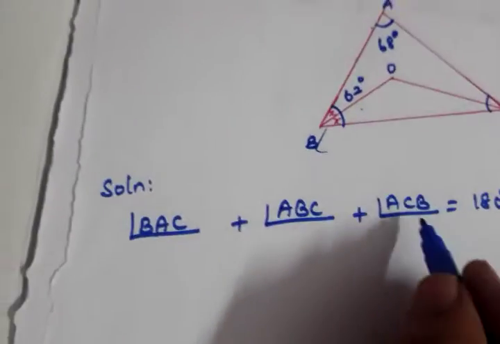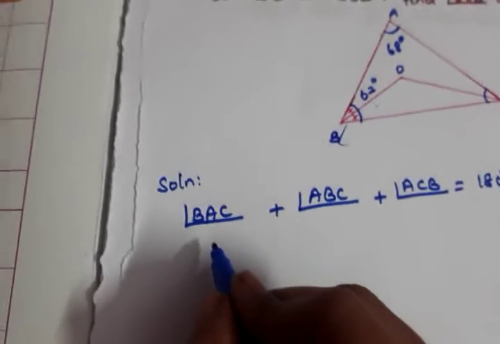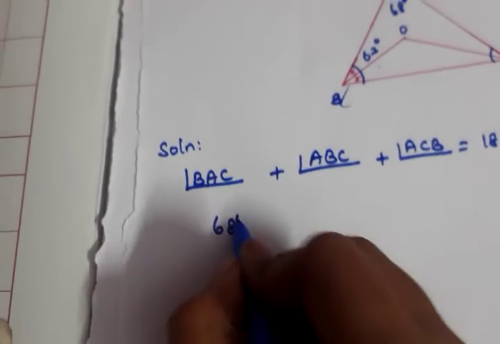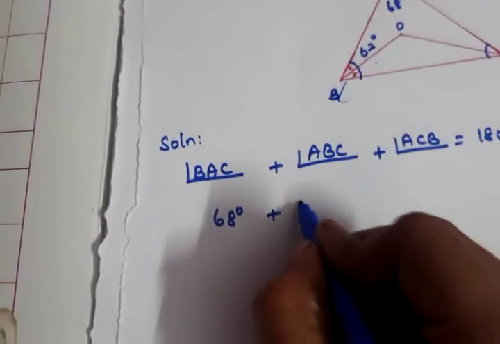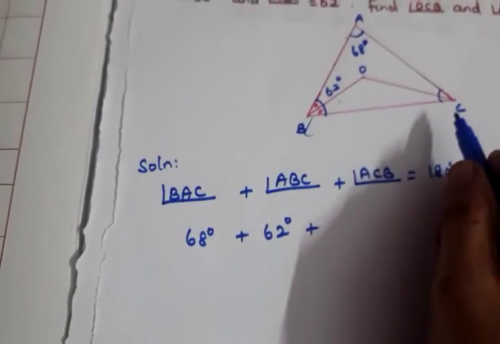Take angle A as 68 degrees and angle B as 62 degrees. Find the value of angle C, angle ACB. We know the sum is 180 degrees, so add 68 degrees plus 62 degrees, which is 130 degrees, plus angle ACB equals 180 degrees.